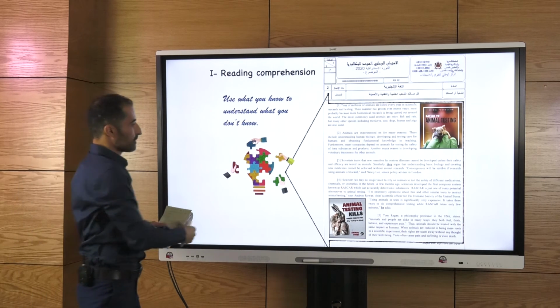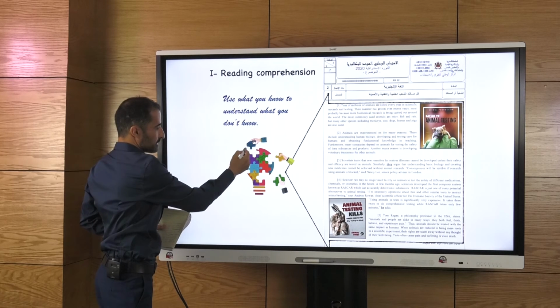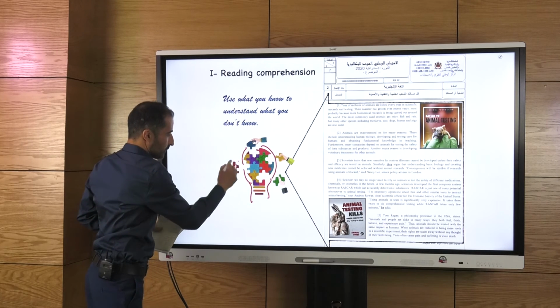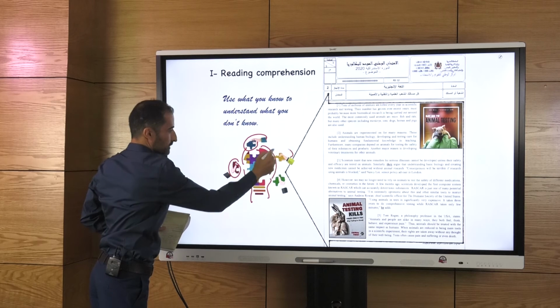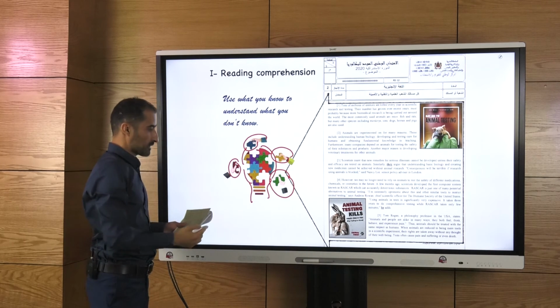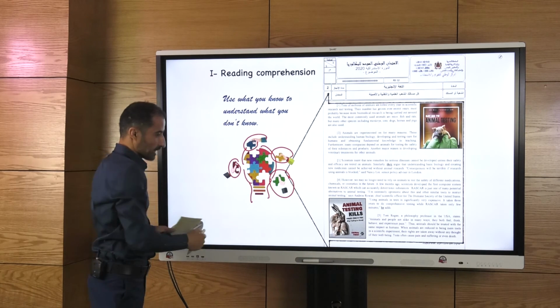It's just like we're making a puzzle. These are the things that we know, and we are going to insert the things that we don't know in order for us to make a clear image.